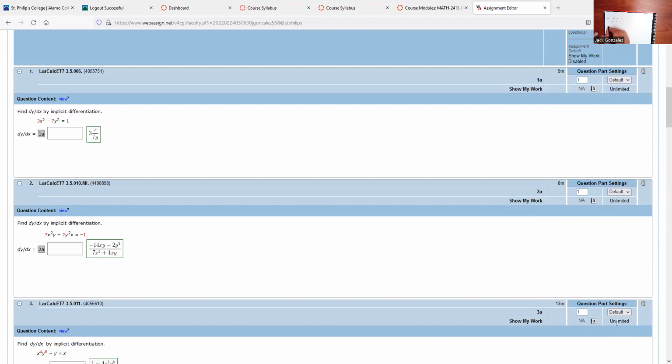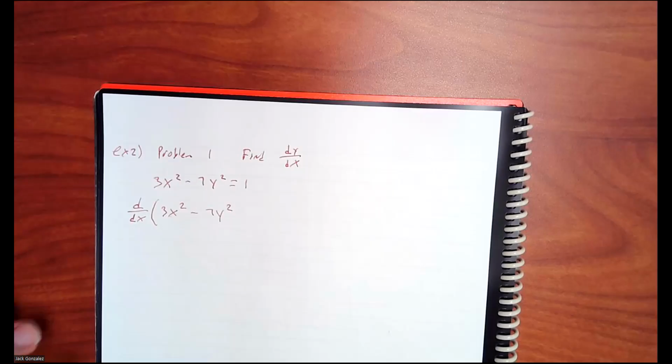So take the derivative with respect to x because dx is on the bottom. That's our hint. Both sides. If they would have said dx/dy, you would do d/dy of both sides.